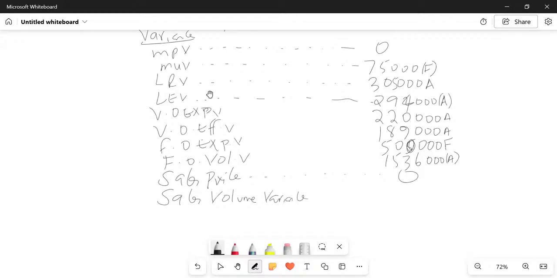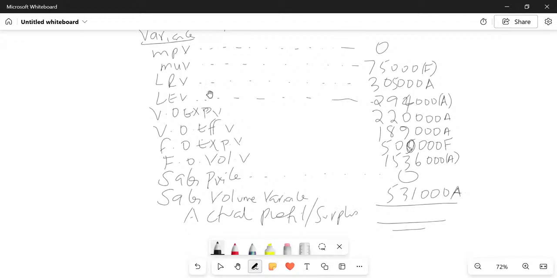So what was the sales volume variance? 530. Adverse. Adverse. Adverse. So sasa unakuja hapa, ukuja hapa utupatie actual profit or a surplus.